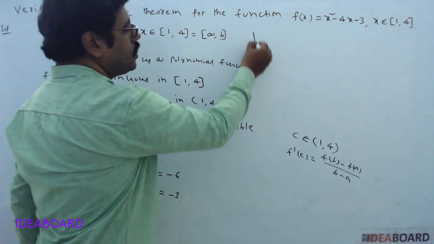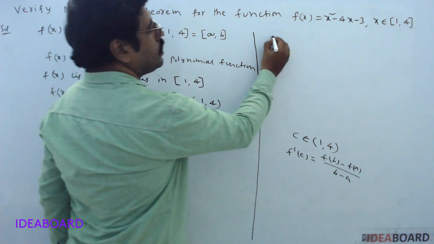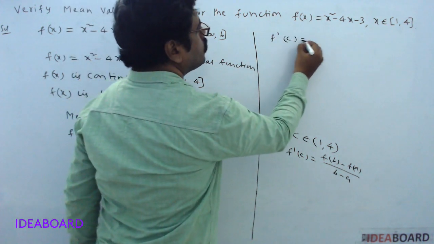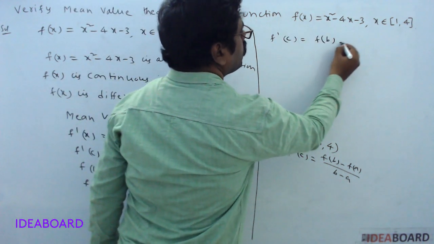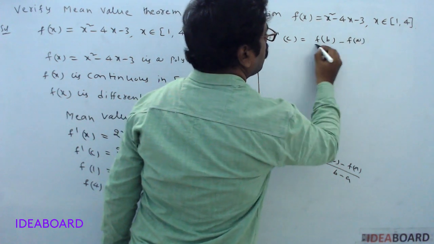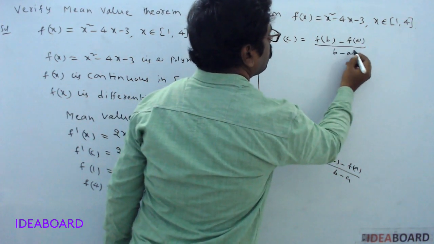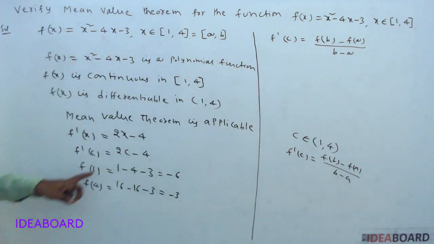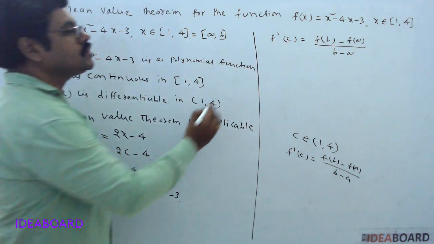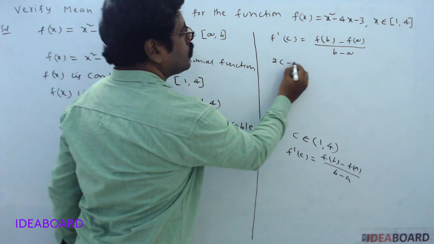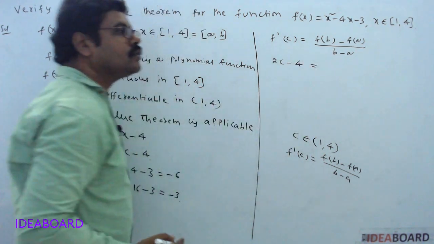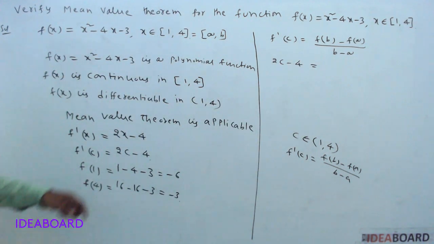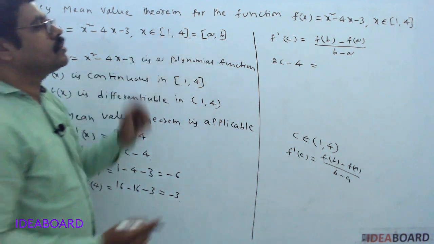Now what is our formula? f dash of c equals f of b minus f of a upon b minus a. What is the value of f dash of c? 2c minus 4. So 2c minus 4 equals f of b. What is the value of b? 4.